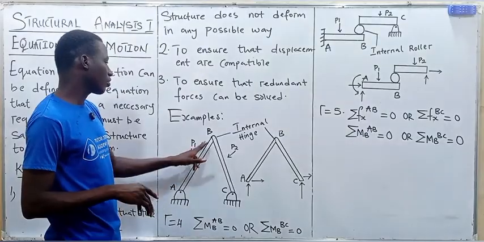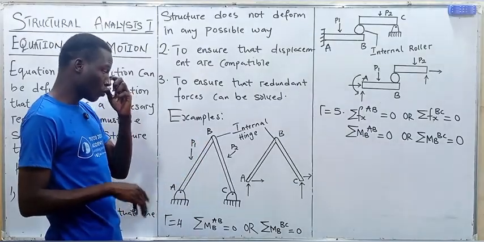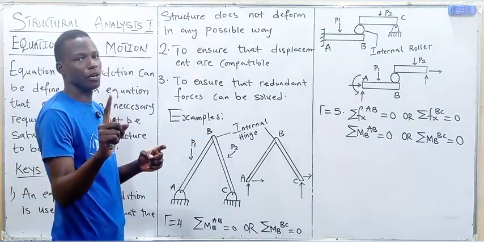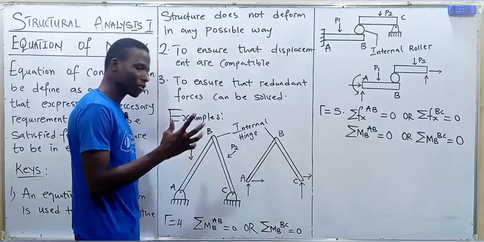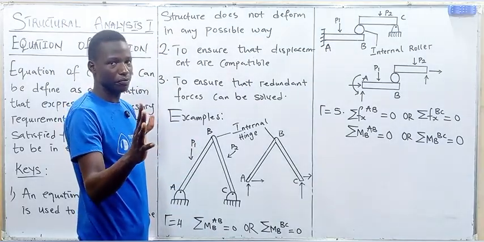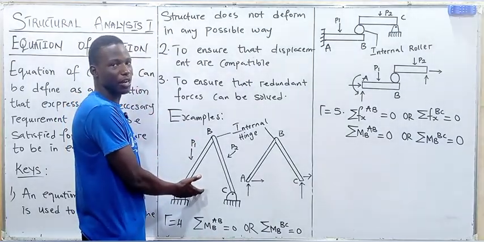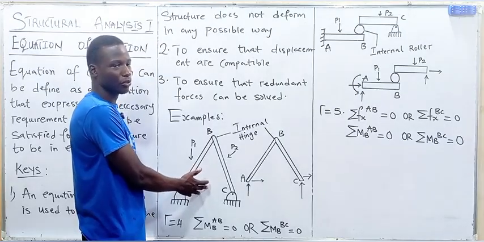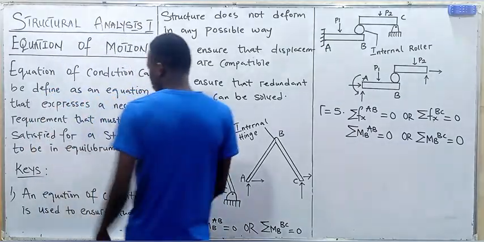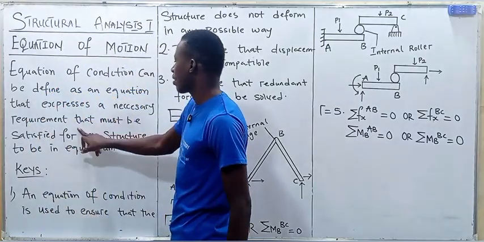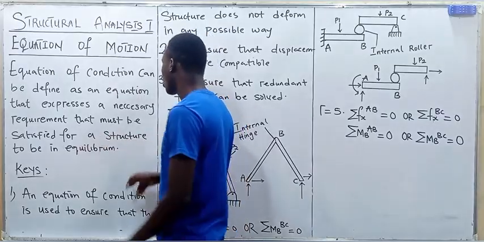All right, so this structure now has a single equation of condition, because you cannot use the equations of equilibrium alone to find all the reactions for this particular structure. That brings us back to the definition of equation of condition, which is the equation that expresses a necessary requirement that must be satisfied for a structure to be in equilibrium.